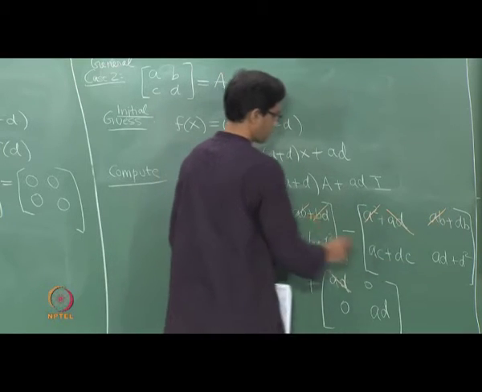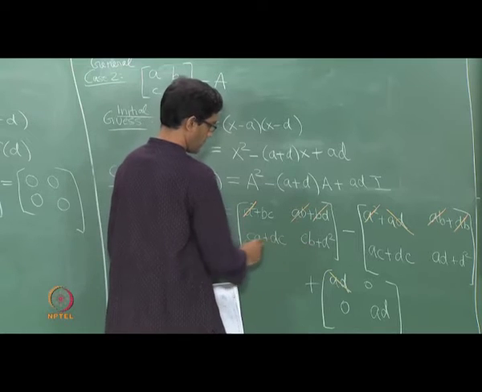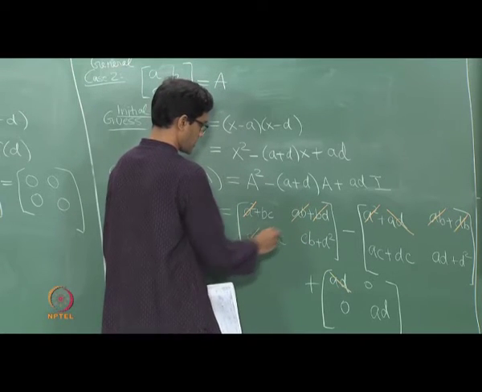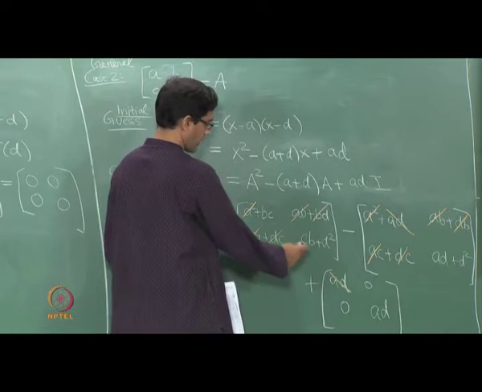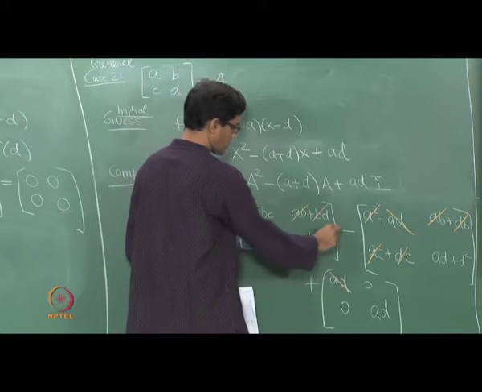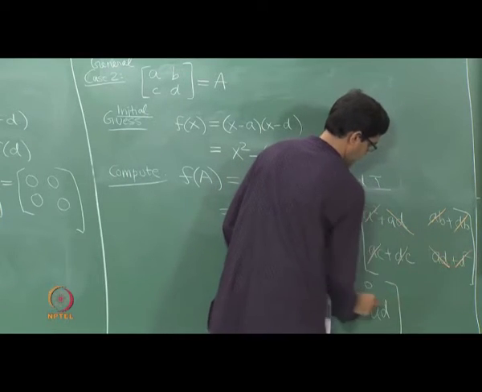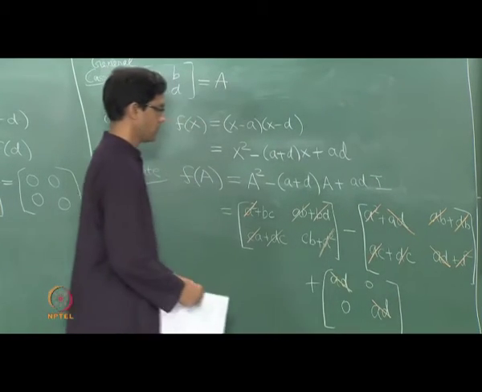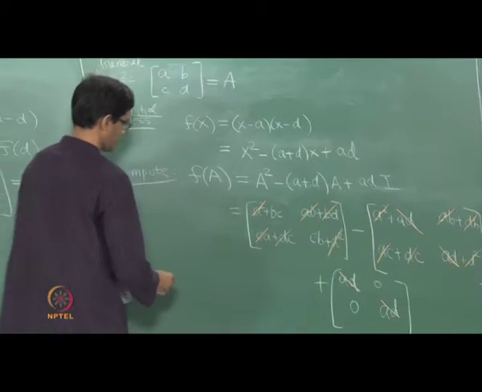I have bd, which will again cancel off the bd. Similarly here ca plus dc, those are the same terms, they cancel each other off, and here I have cb plus d squared. So, the d squared will cancel the d squared and the ad cancels the ad. Okay. So, I just did this a little quickly, you should check this out somewhat more leisurely.